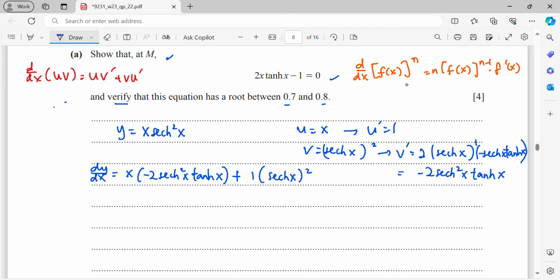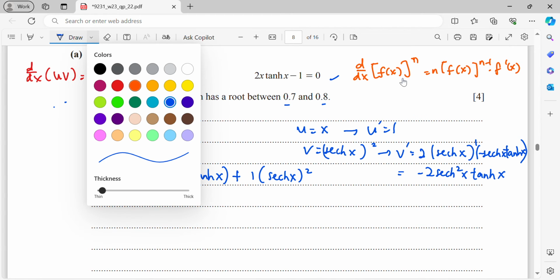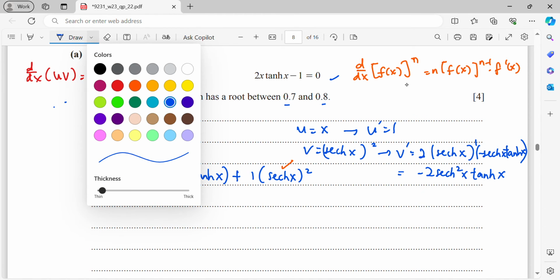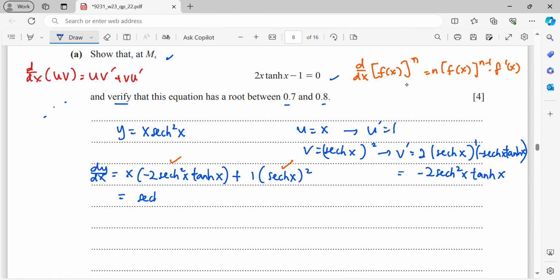Then from here, the common term is this, so I will just factorize it. It will be the square of hyperbolic secant x, bracket, minus 2x hyperbolic tangent x plus 1. The remaining term I just write down.